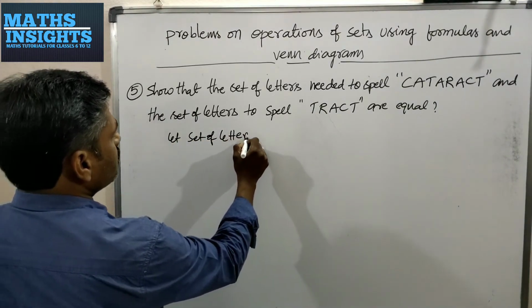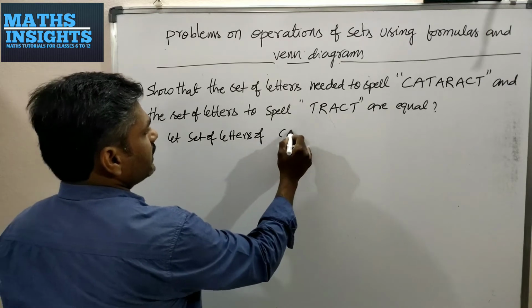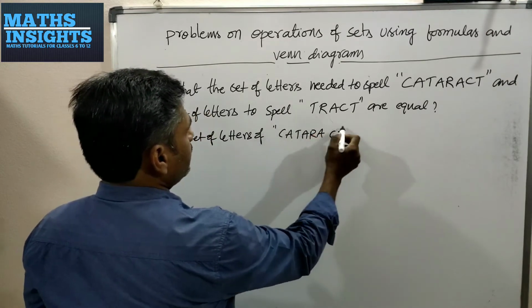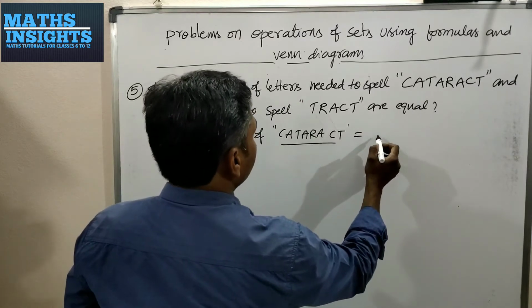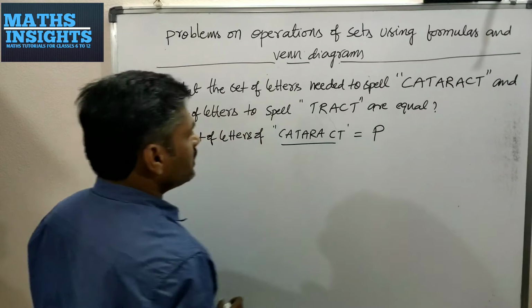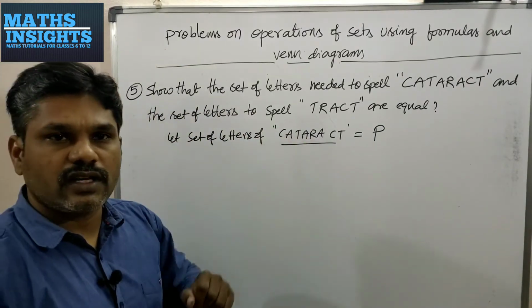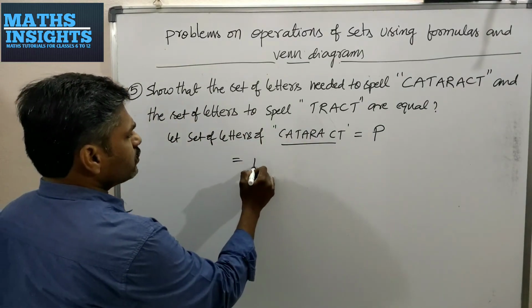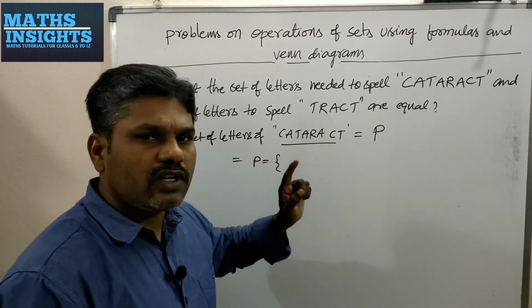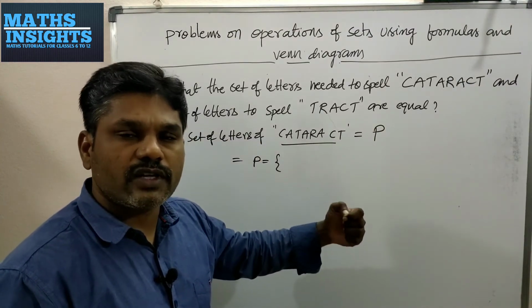So let the set of letters of cataract be some P, because that is not in these letters. Therefore P equals, how to write every element only once, even if it is repeated more than once.